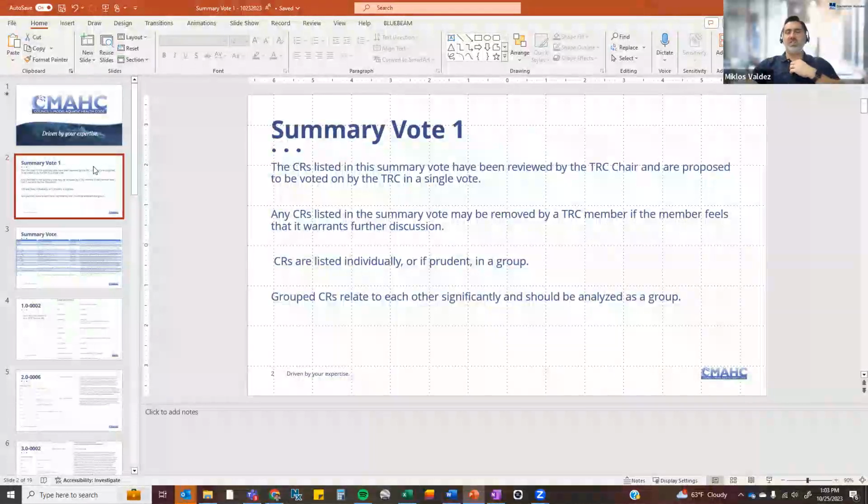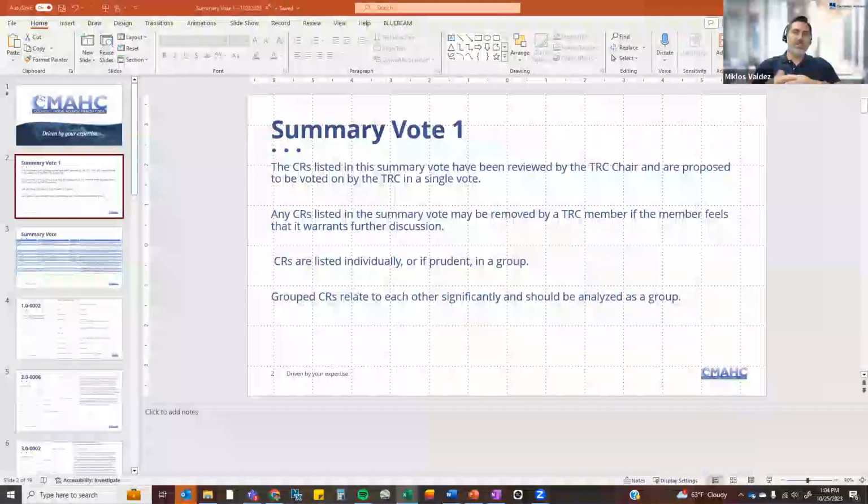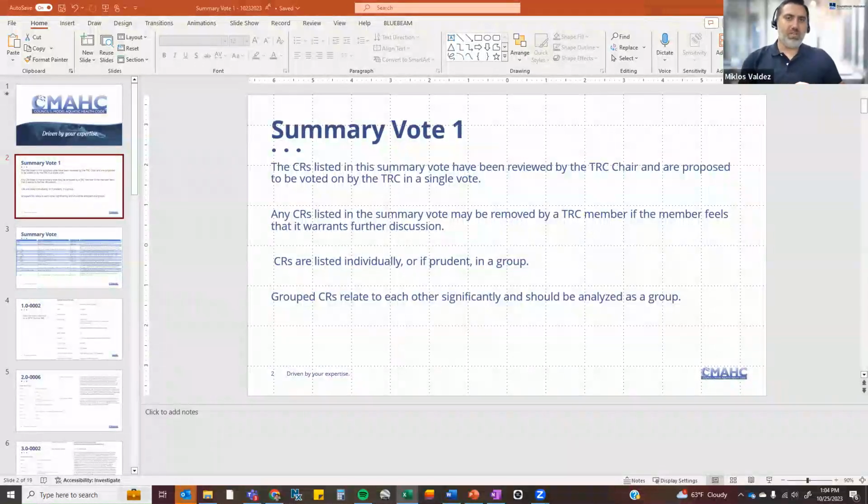We're going through to see if there are some that can be voted on in group. We'll also be sending CRs out to you as facilitators. Some of these might relate to each other, might have an impact on others, so we're going to try to get those all together and give them to you in packages, similar to how the last go around went.